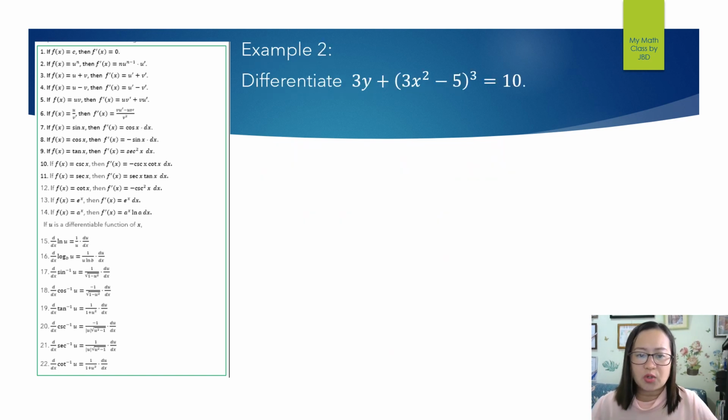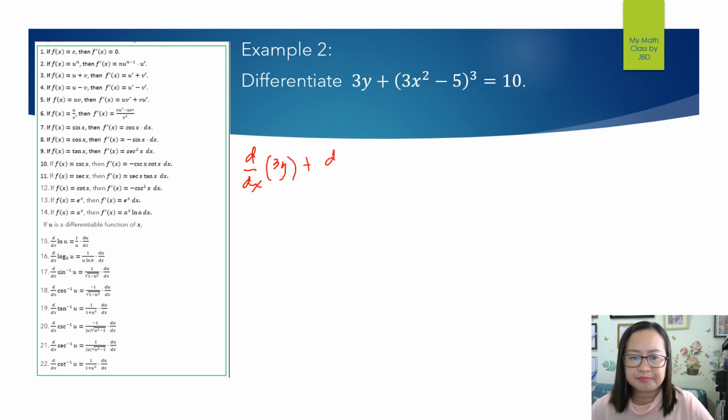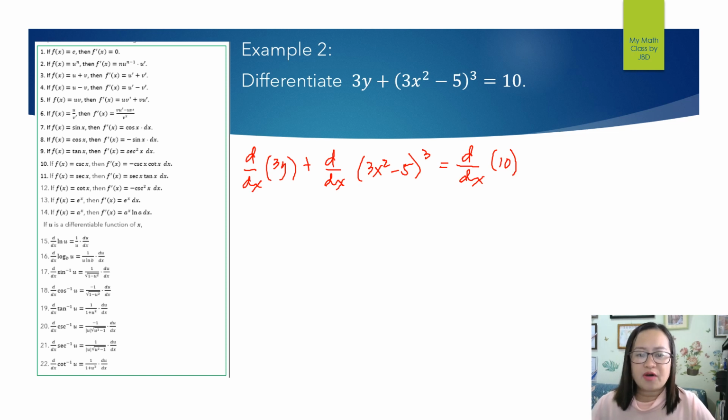Now let's work on the second example. Differentiate 3y plus the cube of 3x squared minus 5 equals 10. Okay, first we have to differentiate both sides. So we will have this. And then we simplify each term.